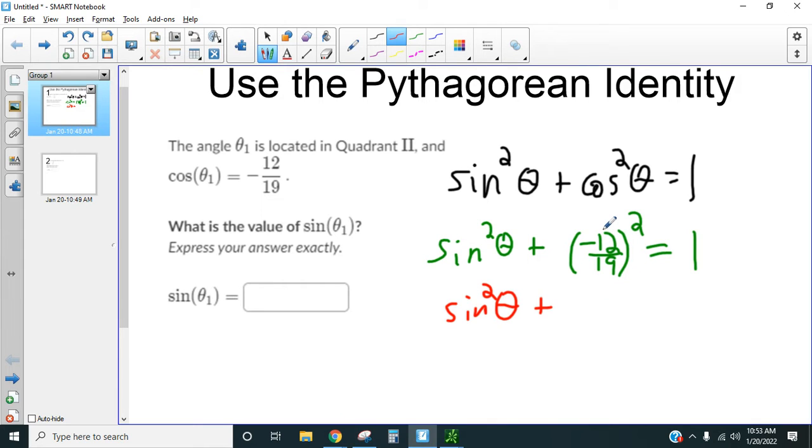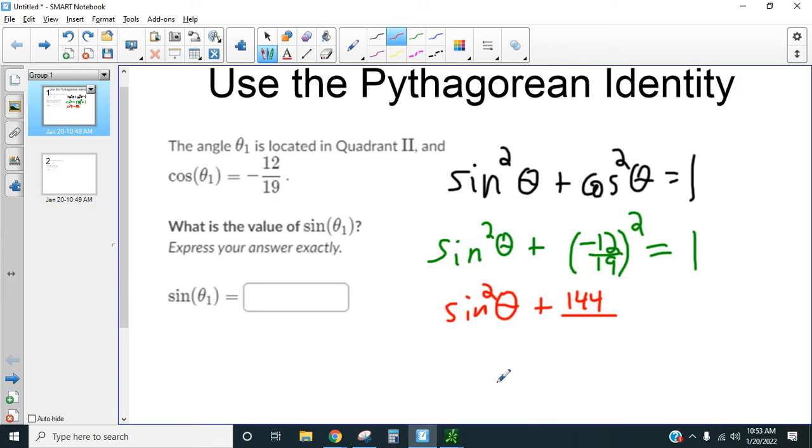Yeah, in effect, it's the same thing. Every real number squared is positive. So we have 144 over 19 squared. Calculators. 19 squared.